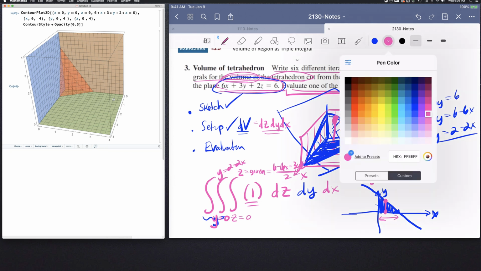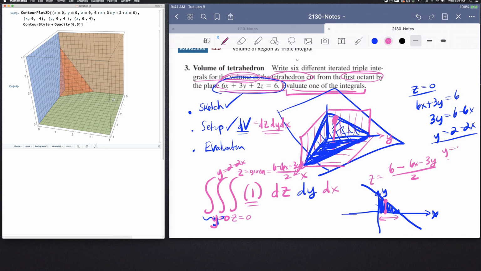So y is equal to 0 when x is equal to 1. So we have x going from 0 to x is equal to 1. And there is one possible ordering, the dz, dy, dx ordering for the volume of that tetrahedron.